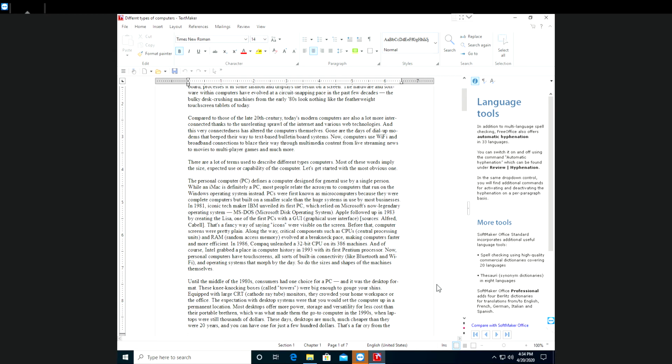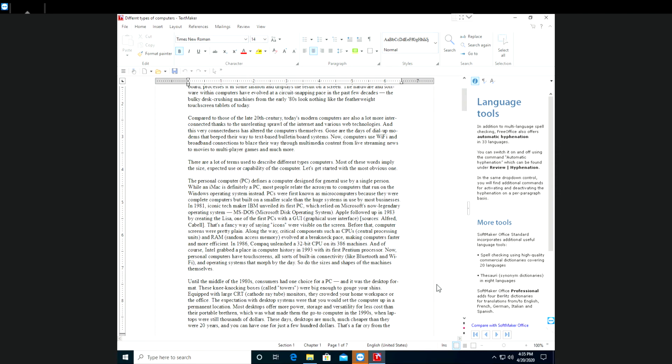In 1981, iconic tech maker IBM unveiled the first PC, which relied on Microsoft's new operating system, MS-DOS, Microsoft Disk Operating System. Apple followed up in 1983 by creating Lisa, one of the first PCs with a GUI, graphical user interface.